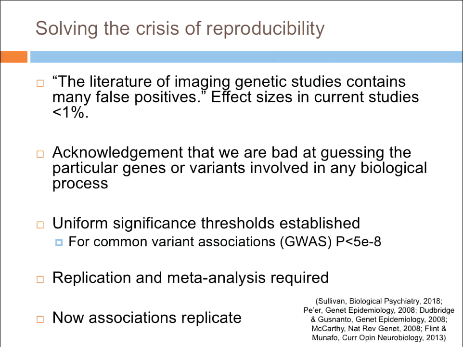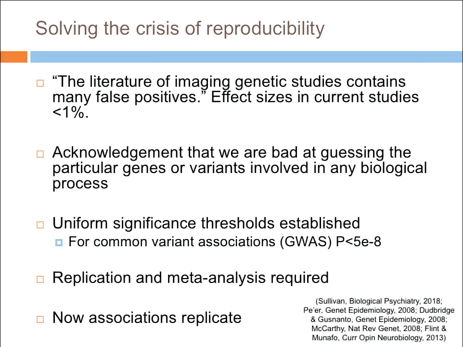What that implies is that the literature prior to around 2012 was full of a lot of false positives. So the literature of imaging genetics contains many false positives. And here's a bunch of references that I think are very useful for the field. Again, that was because we assumed there are high effect sizes for imaging genetics findings, but there are in fact pretty low effect sizes for imaging genetics findings.